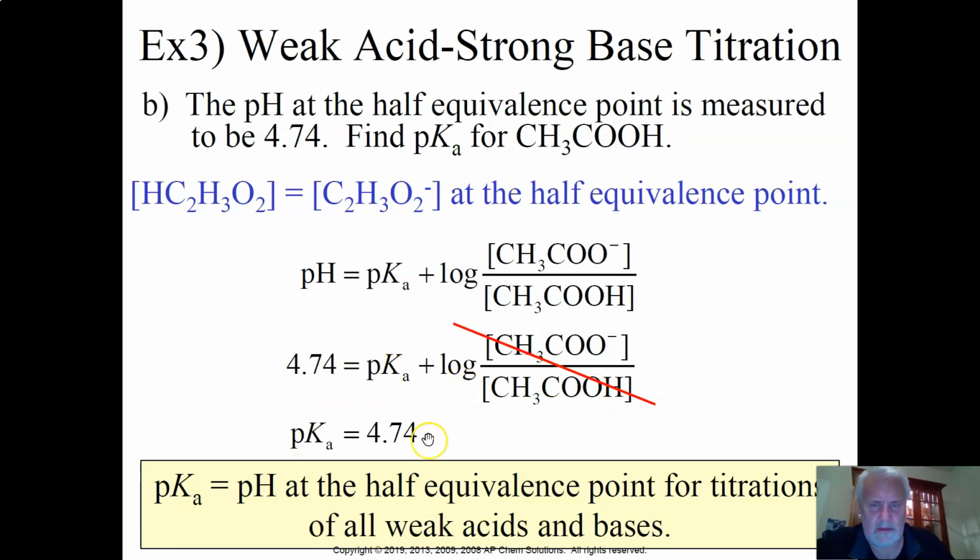So what we're saying is the pH equals the pKa at the half equivalence points for all weak acids and bases. Okay? And it's because of this. If you were asked to demonstrate why that is, you know the Henderson-Hasselbalch, if those things are equal, the log of 1 is 0, and you've got 4.74 equals something plus 0, 4.74.